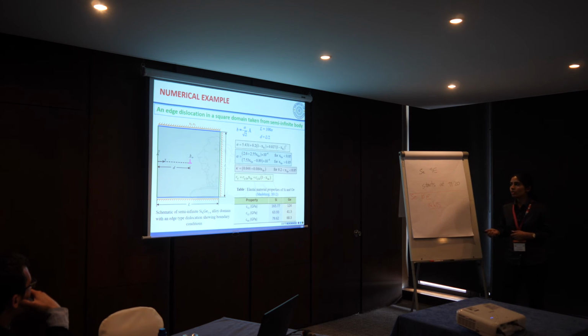The main aim is to obtain the Peach-Koehler force so that we can know the intensity of the dislocation motion. Here we have considered an edge dislocation in a semi-infinite domain which has a free surface on its left, and all other three surfaces are part of the infinite body. Correspondingly, the displacement fields of a dislocation will be applied on these three surfaces to indicate that this is a part of an infinite body.